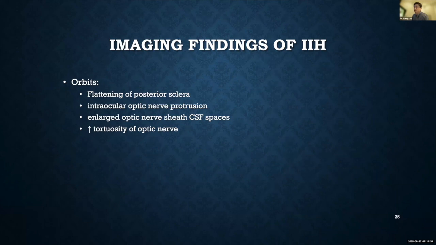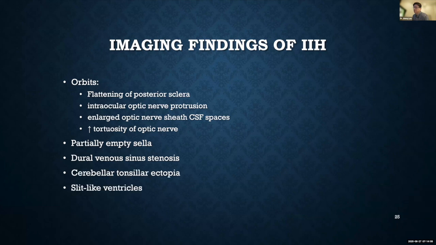Now the orbits are important, so you got flattening of the posterior globes, the optic nerve head protrusion, enlarged optic nerve sheath CSF, and tortuosity, partially empty sella, dural sinus stenosis, not thrombosis, stenosis, cerebral tonsil ectopia, slit-like ventricles, and then you can get these skull-base meningocele, or if the brain goes through it, it's meningoencephalocele.